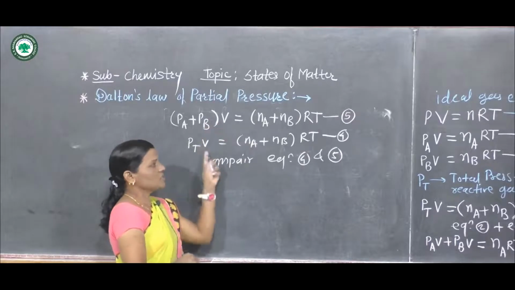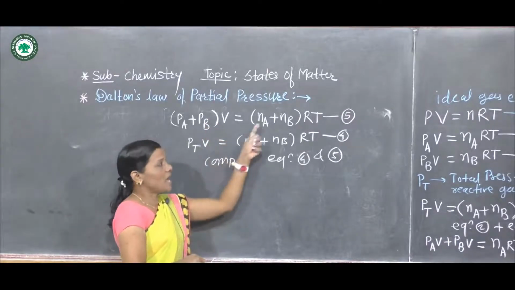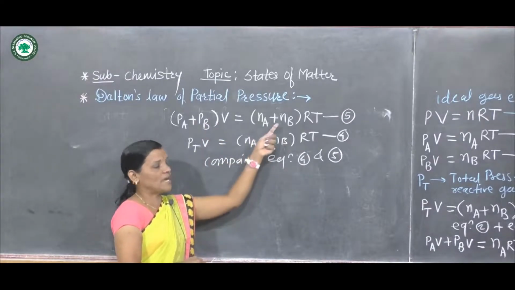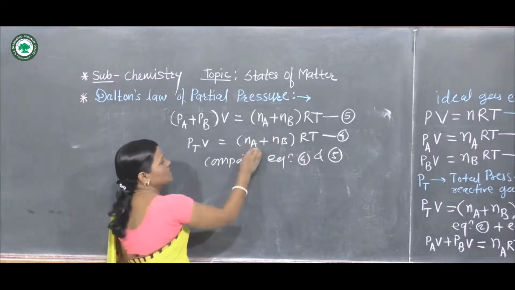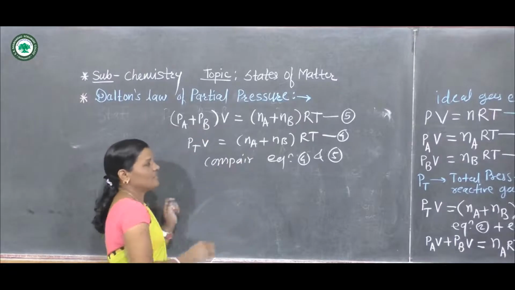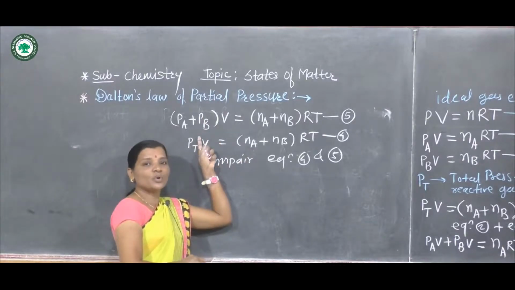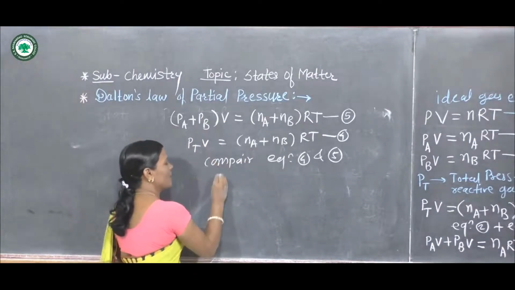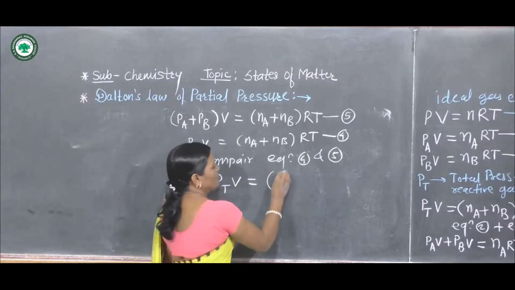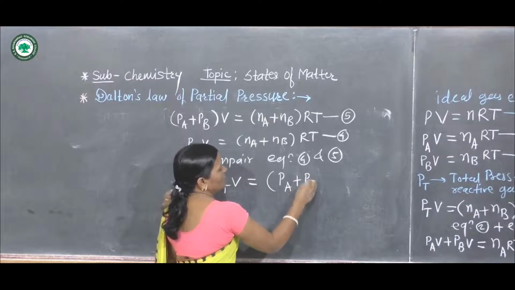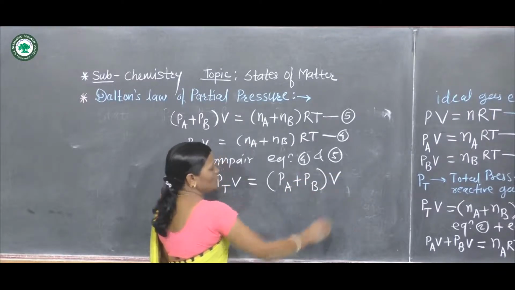By comparing both these equations, the RHS of equation 4 and equation 5 are equal, and as the RHS is equal, the LHS is also equal. So we can write PT into V is equal to PA plus PB into V.